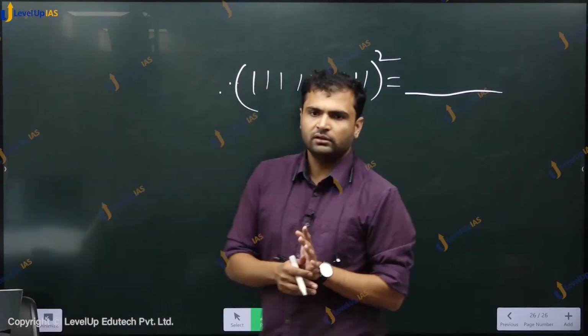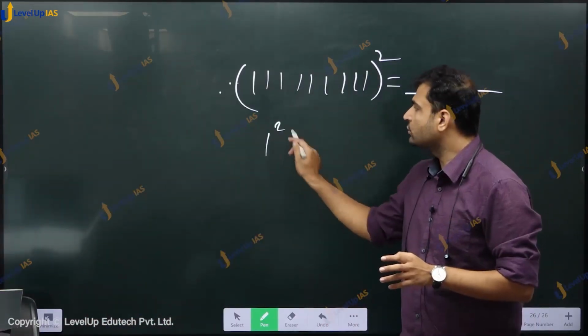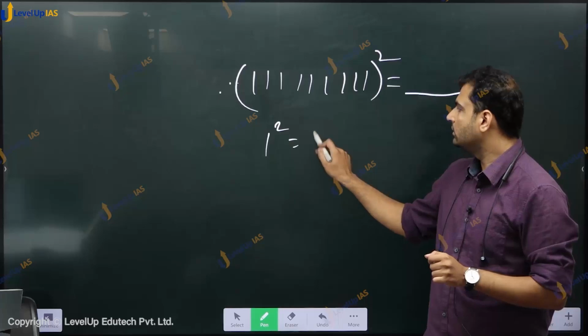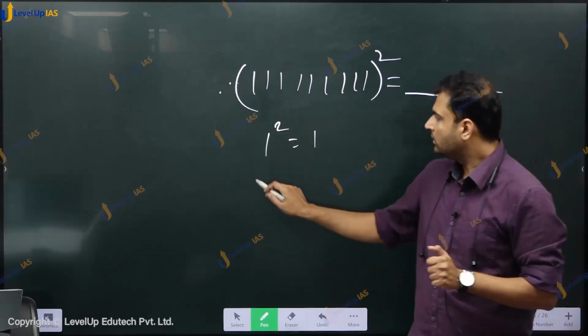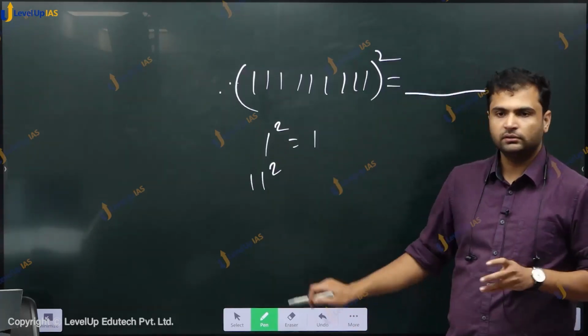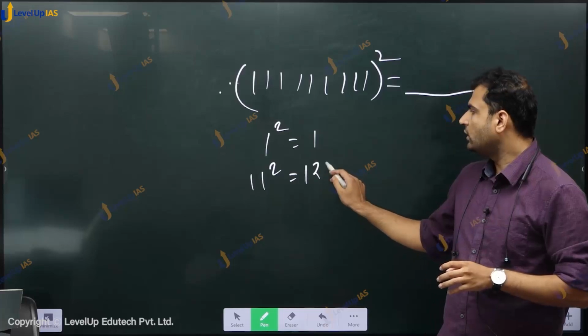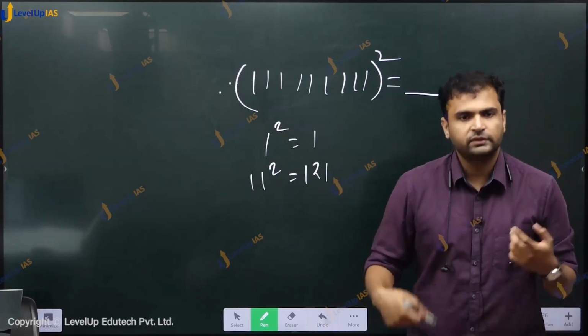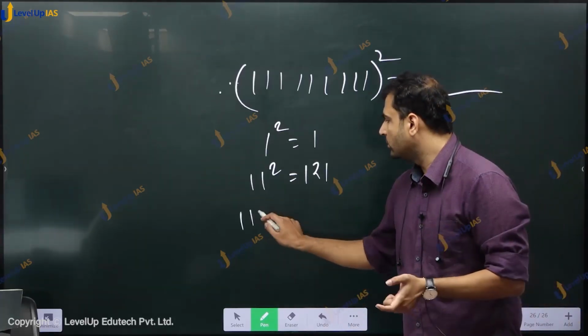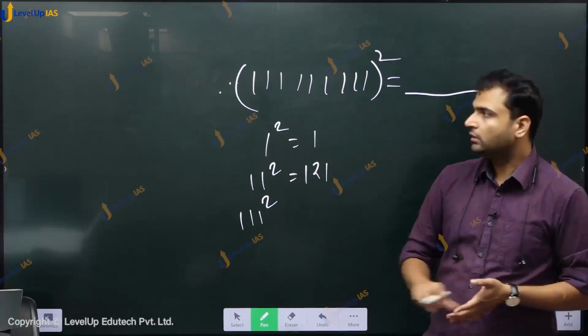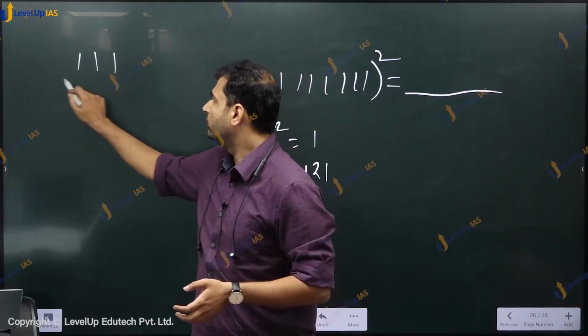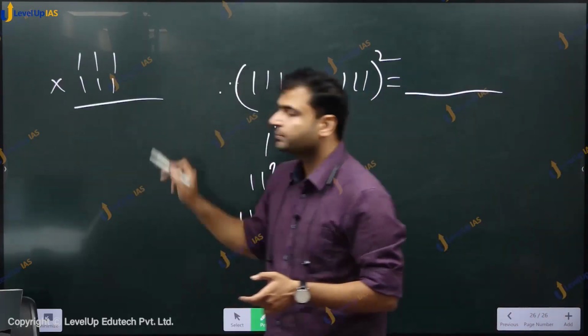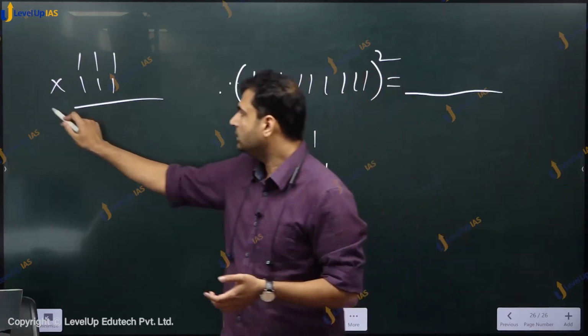How do we begin? We begin by taking 1 square. What is 1 square? 1. Then we get 11 square, which is 121. Just for the sake of confirming, we take one more number, 111 square. This you have to perform 111 into 111, which is, कैसे करोगे?